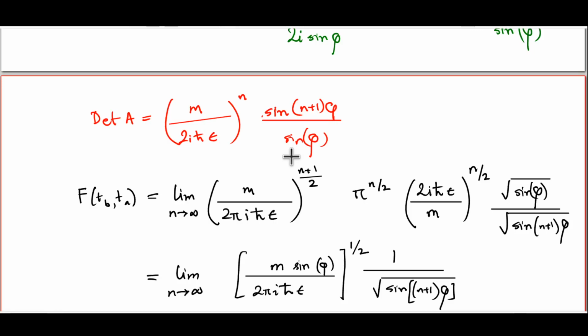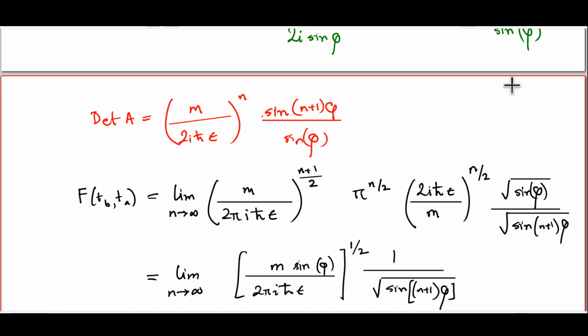This is the factor that was there in the normalization all along, multiplied by pi to the n by 2 divided by the square root of the determinant of A. And as you can easily see, there is quite a lot of scope for cancellation here. In fact, you get 2 pi i h cross by m to the power n by 2 if you take the second and third terms together, and that cancels most of the m by 2 pi i h cross epsilon, leaving you with just one square root factor.